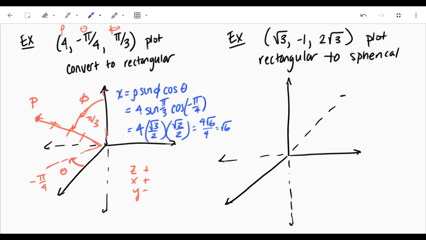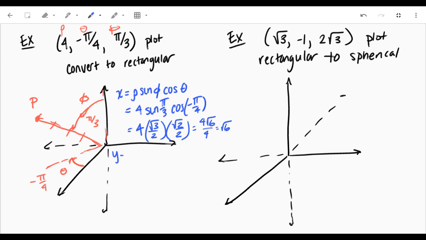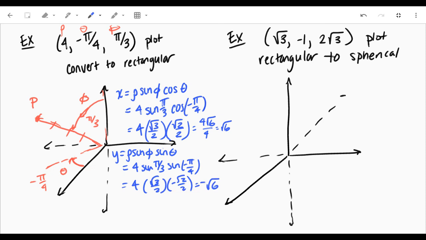For y, I'm going to erase what I have down here too. For y, we want rho sine phi sine theta. So we're going to start out the same: 4 sine pi over 3 sine negative pi over 4. So we're going to get the same thing but negative, right? So 4 square root of 3 over 2 times negative square root of 2 over 2. That's going to give us negative square root of 6.